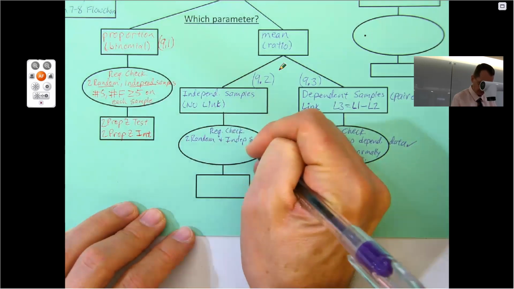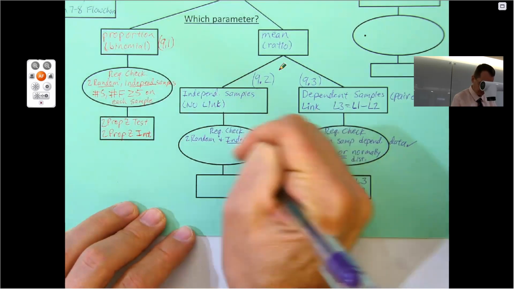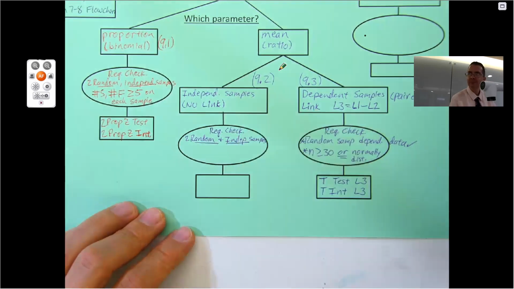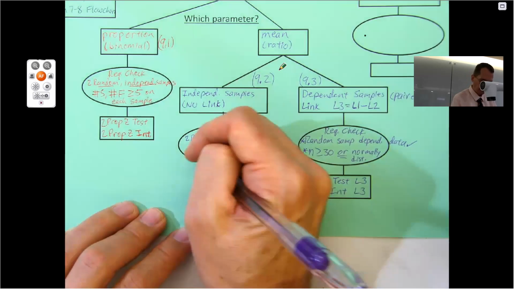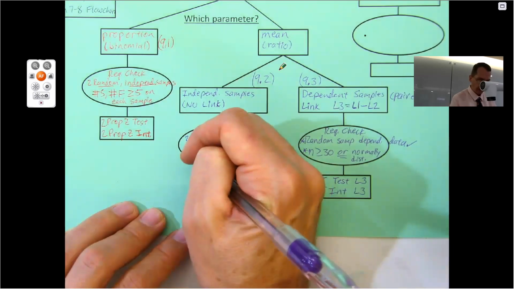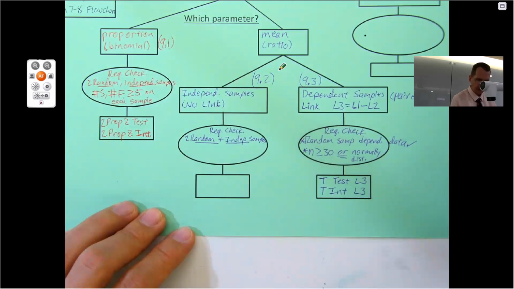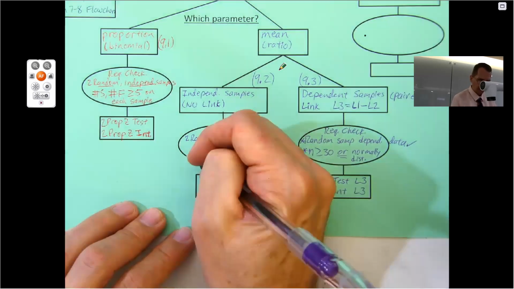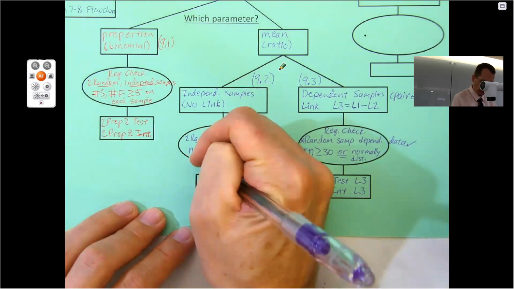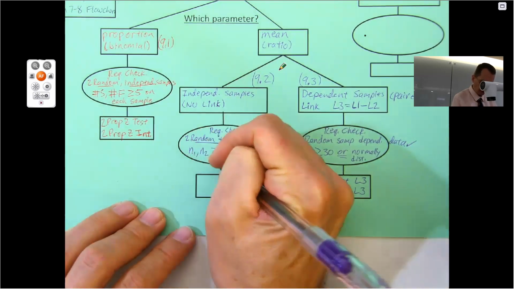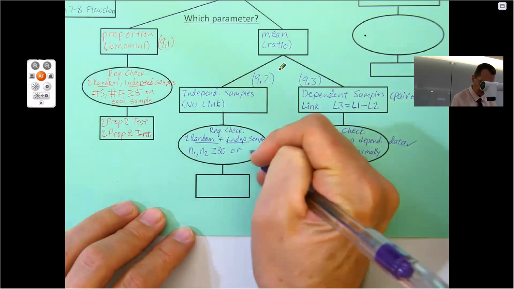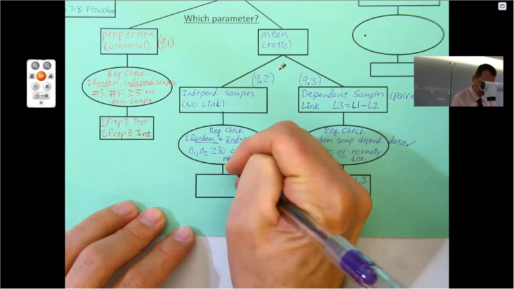Good. What else? How do we know? Yeah. So we need N1 and N2 to be greater than or equal to 30, or both samples are normally distributed.